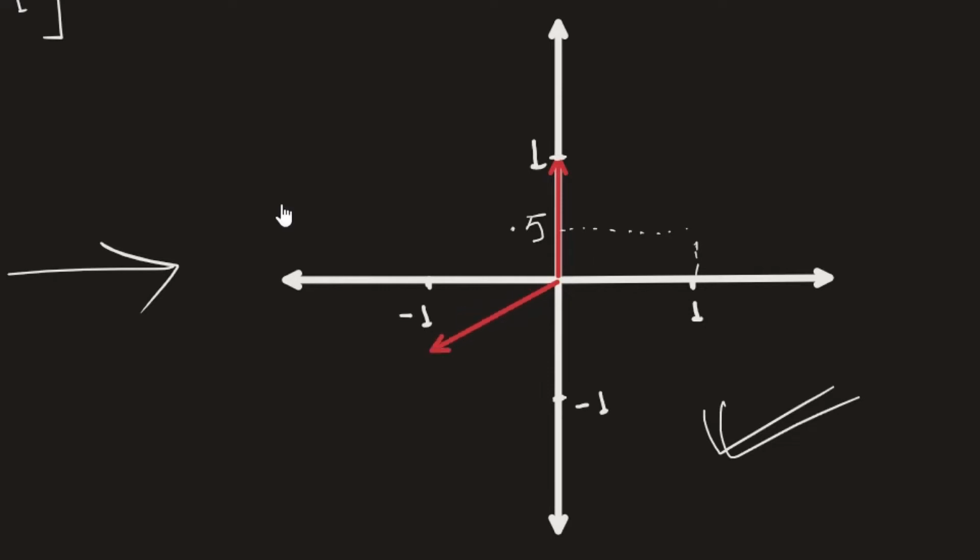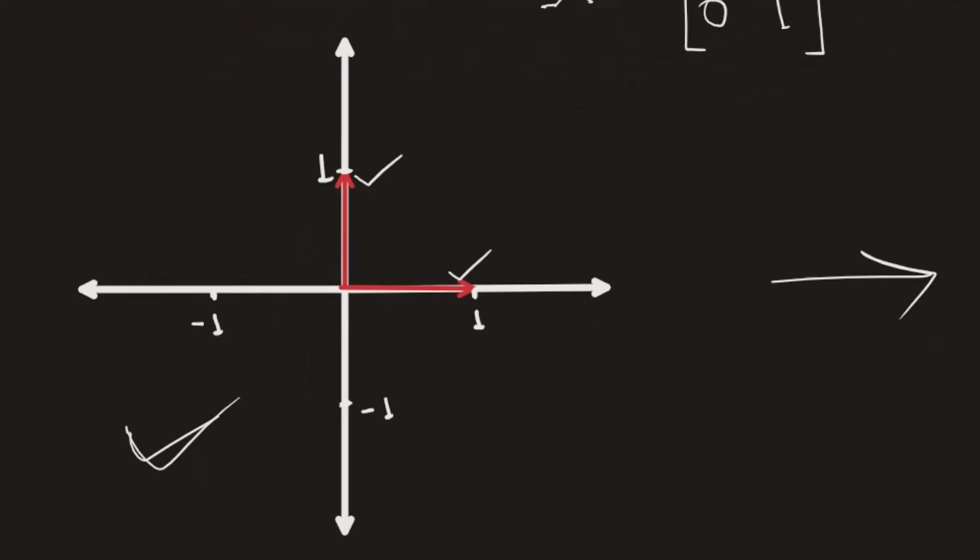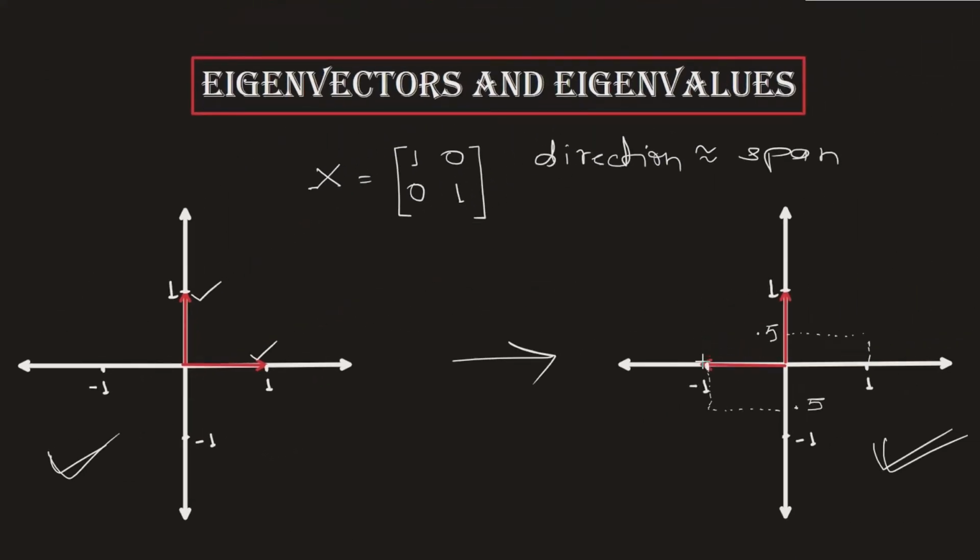So it is still 1 towards the x-axis, to be precise -1, and somewhere around 0.5 towards the y-axis over here, and this becomes the span for this vector, which means within this span it could change its length to any given number. However, it should not be moved from its span like this in this direction, or maybe like this in this direction. So it has to stay within its span irrespective of its length, and this is why, compared to the vector on the left hand side, if it is being transformed into this point, it still satisfies the condition of an eigenvector.